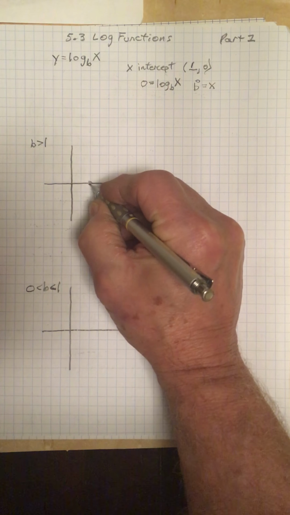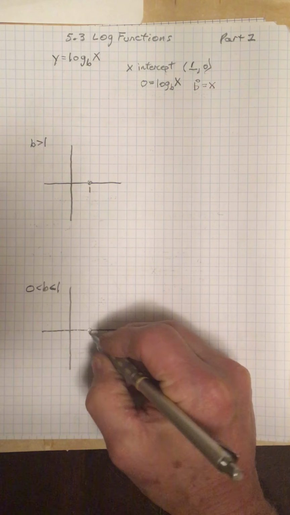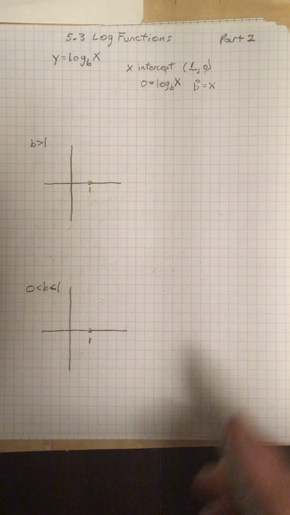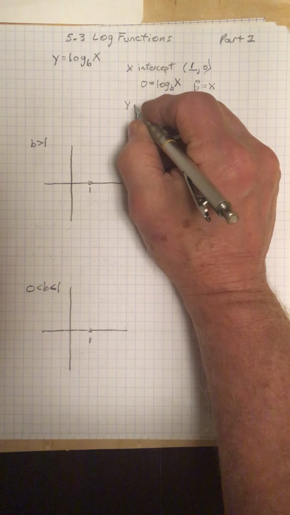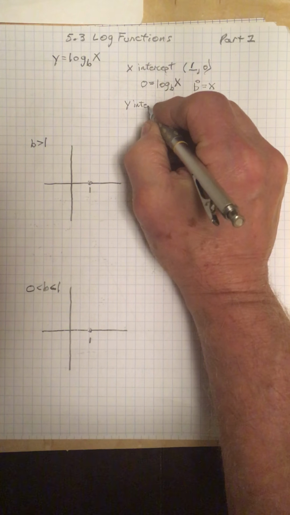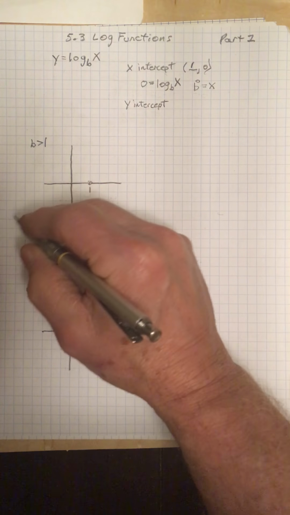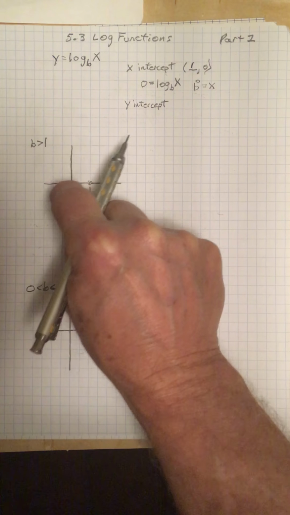So let's go out here. We'll call that 1. How about the y-intercept? Let's see what that looks like. Again, for the y-intercept, if I'm going to cross the y-axis, x would be 0 at that point.